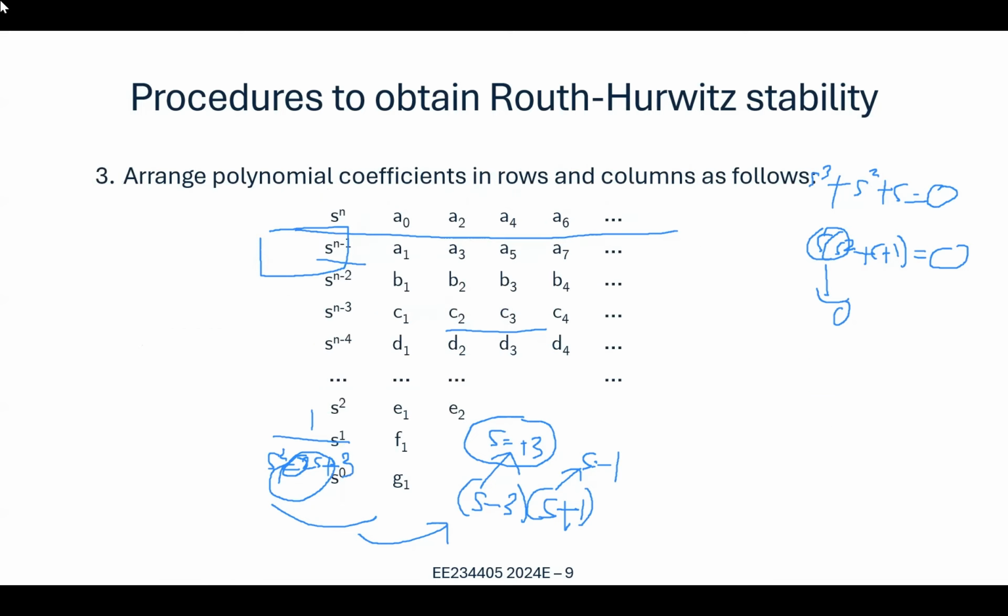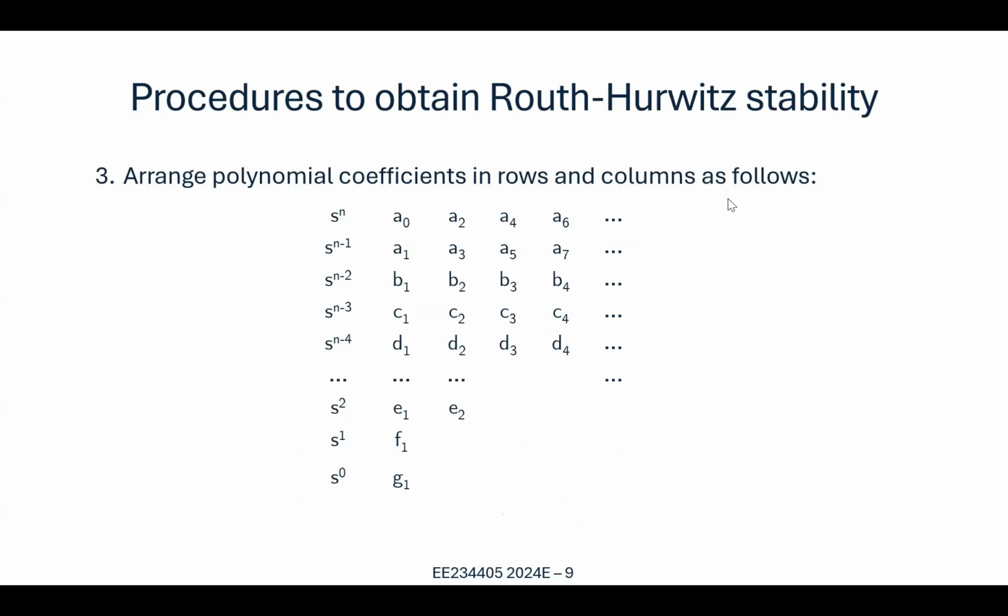Now the third one is we can arrange the polynomial coefficients in rows and columns as follows. This actually follows a certain pattern. We look at the largest power n, and the second largest power n minus 1, and we arrange the coefficients together.